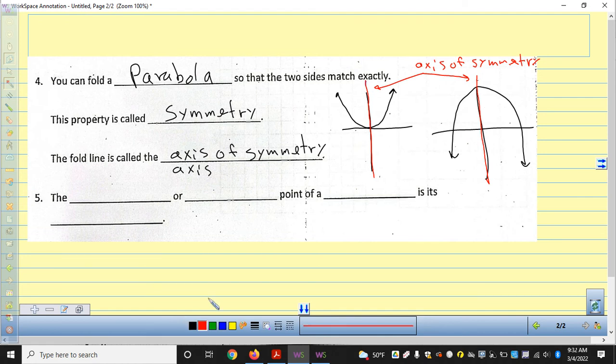Now, another important property of parabolas is we have this point here or this point here. Parabolas have a lowest point or a highest point. I'm going to say the lowest or the highest point of a parabola is called the vertex.